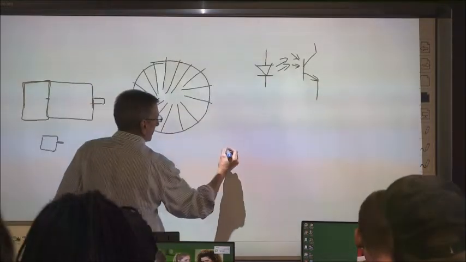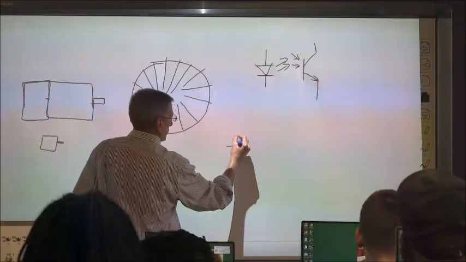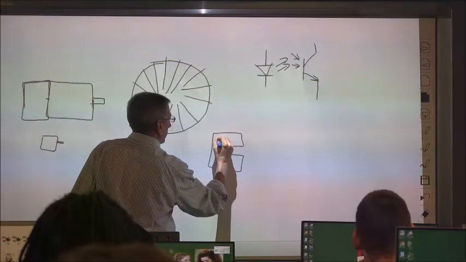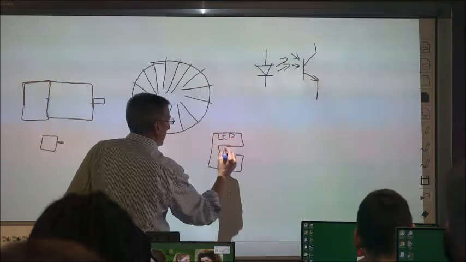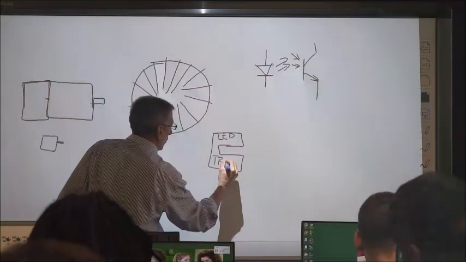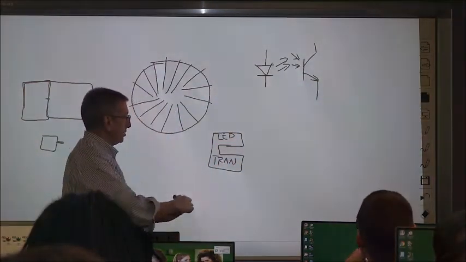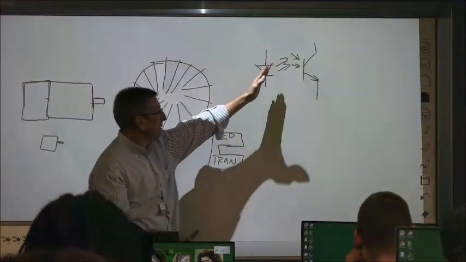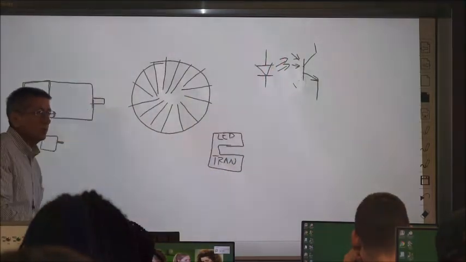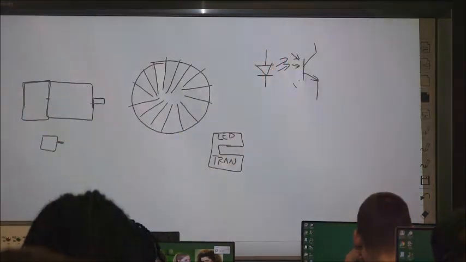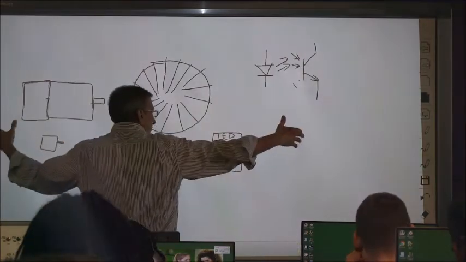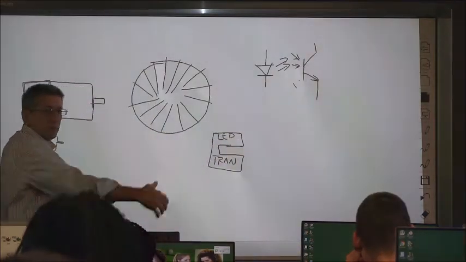The package looks something like this: LED over here, and then the photo transistor over here, and then this disc spins inside this thing, making and breaking that path of light. That's a rotary encoder, and a linear encoder is the same principle, except it's a long piece of glass.